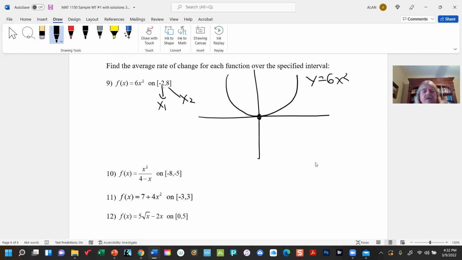So the values they're giving us, x is -2 is here, and 8 is here. When x is negative 2, f of x or y is going to be 24.